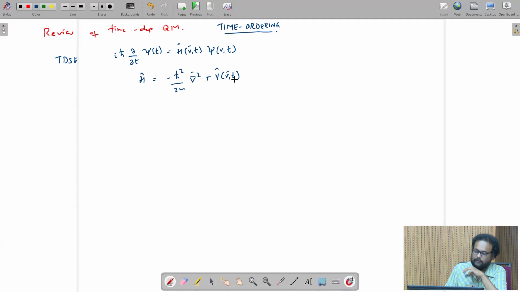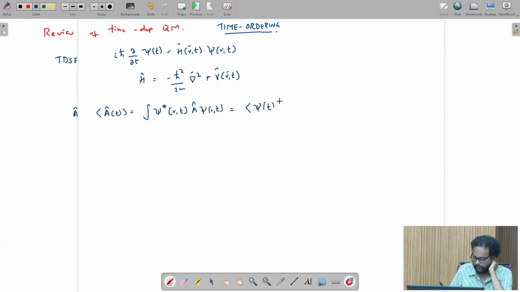Of course, note that at the end of the day, you're calculating some response. So you are going to calculate the expectation value of a given operator. You have some operator A, and the expectation value of that operator is given by this, using the bracket notation.